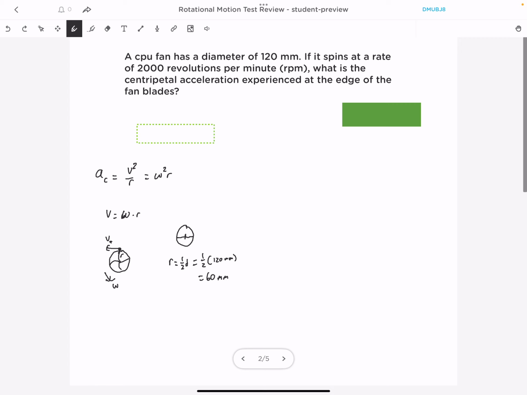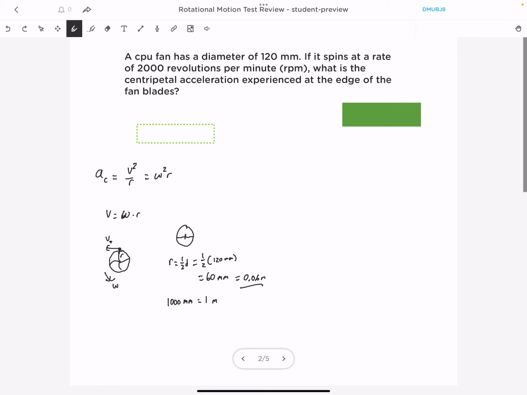But we need to convert this to meters, which is the SI base unit. There are 1,000 millimeters in 1 meter. That's what the SI prefix milli means: 1/1000th. So I'm just going to divide 60 millimeters by 1,000, which equals 0.06 meters. So that's our radius.